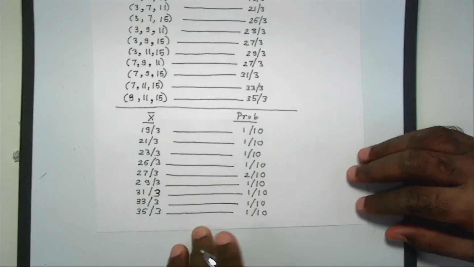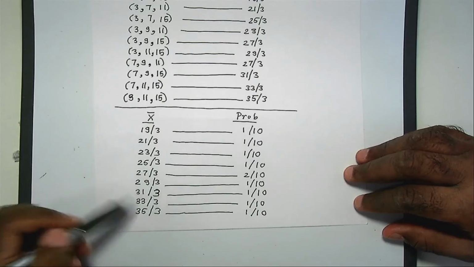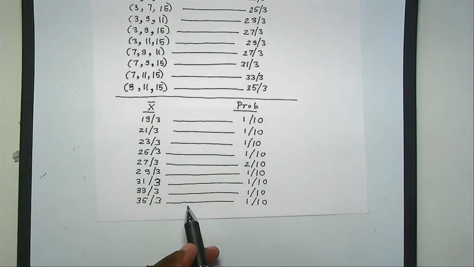So I hope I'm correct. So let me count 1, 2, 3, 4, 5, 6, 7, 8, 9. Yeah. So this is correct. All right. So this is the probability distribution for x bar for question number 5.